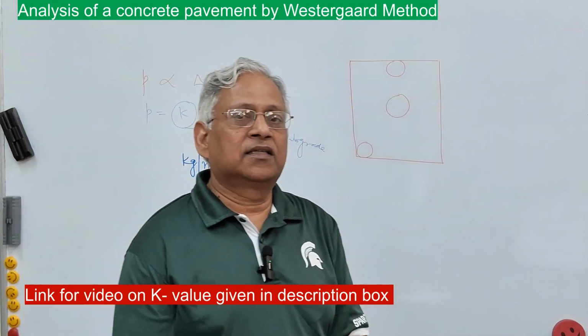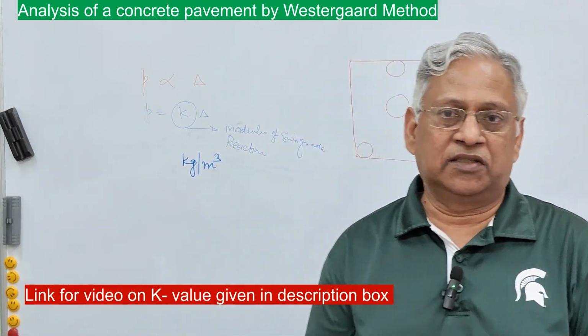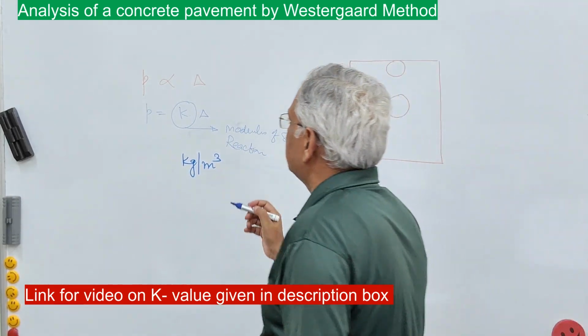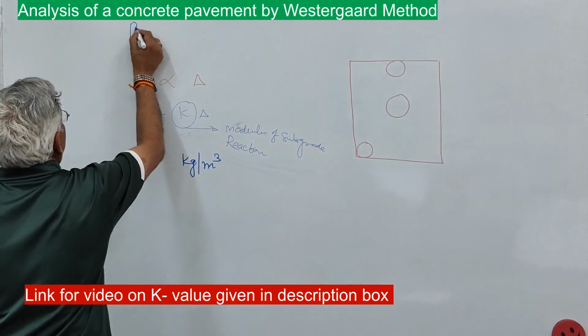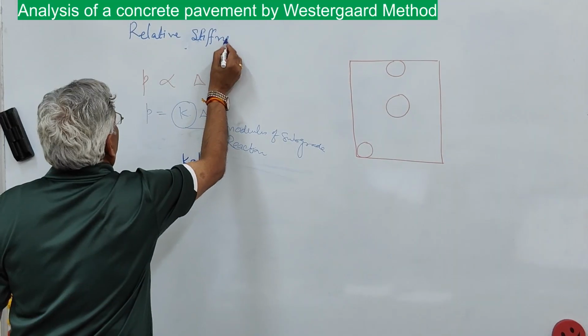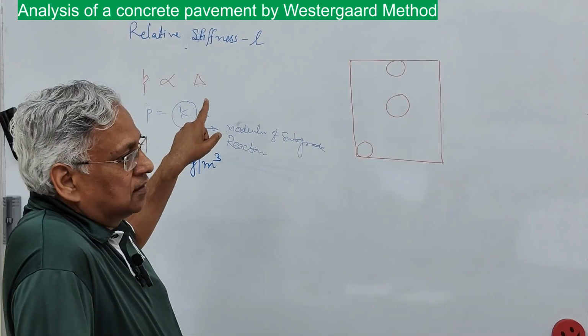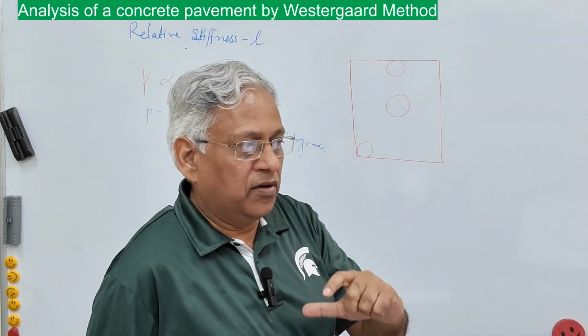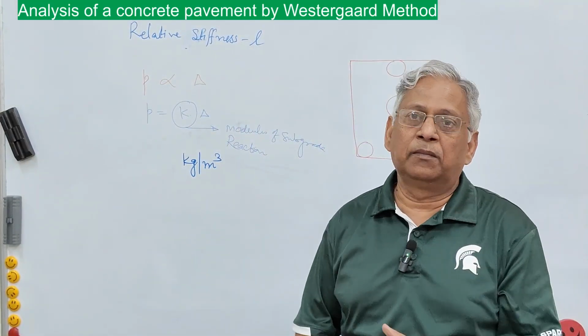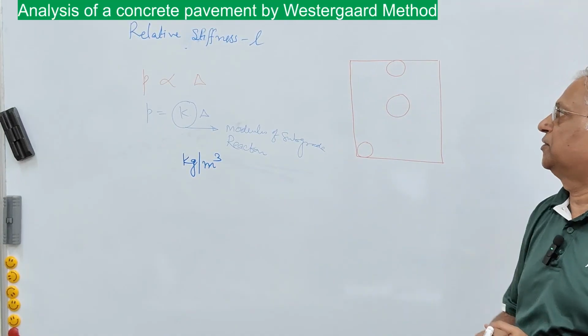Now, two parameters are defined by Westergaard. One is the radius of relative stiffness, that is small l. It indicates the resistance offered by the slab and the subgrade to the deflection in the pavement.